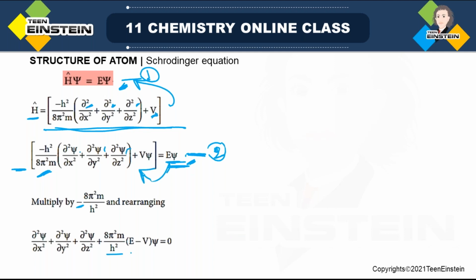Now this term, 8 pi square m by h square, should also be present with V, so that is why we have taken this part common, and then E minus V. So all the terms are now on the left hand side, and on the right hand side there is 0. This is how the final equation looks. But again, I am saying this is not required in your syllabus. If you are interested in how the final equation looks, it is there for your interest.